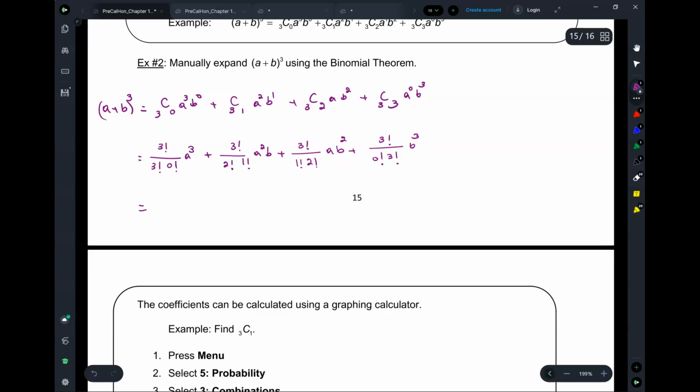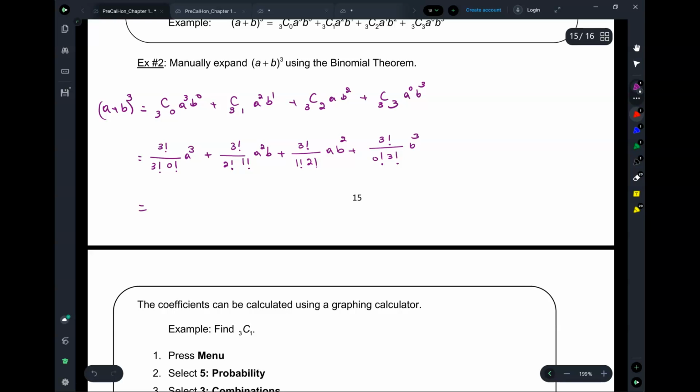Now, 3 factorial is also how many different ways there are to arrange 3 different things. If you have 3 students and 3 seats, there are 6 different ways, 3 times 2 times 1. If you have 0 objects, how many ways are there to arrange them? 1. You just have nothing, an empty box. That's why 0 factorial is always 1.